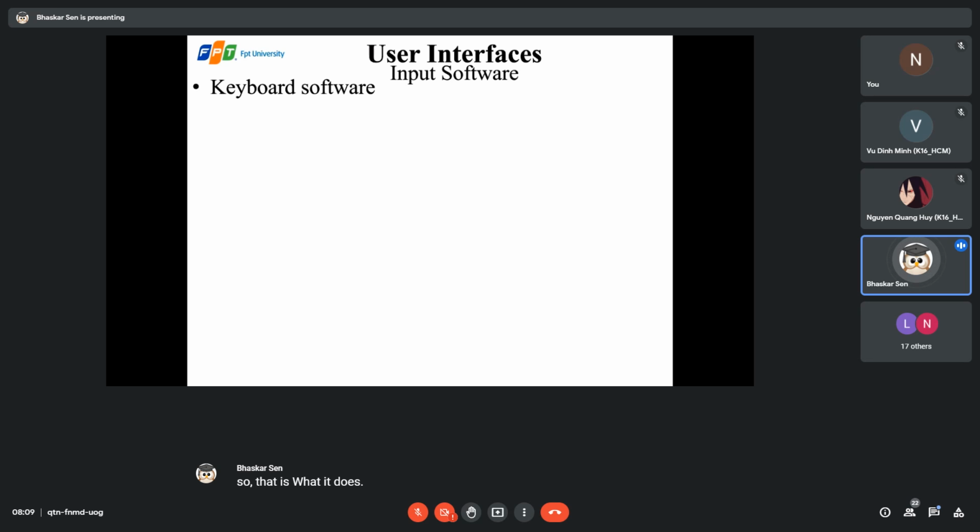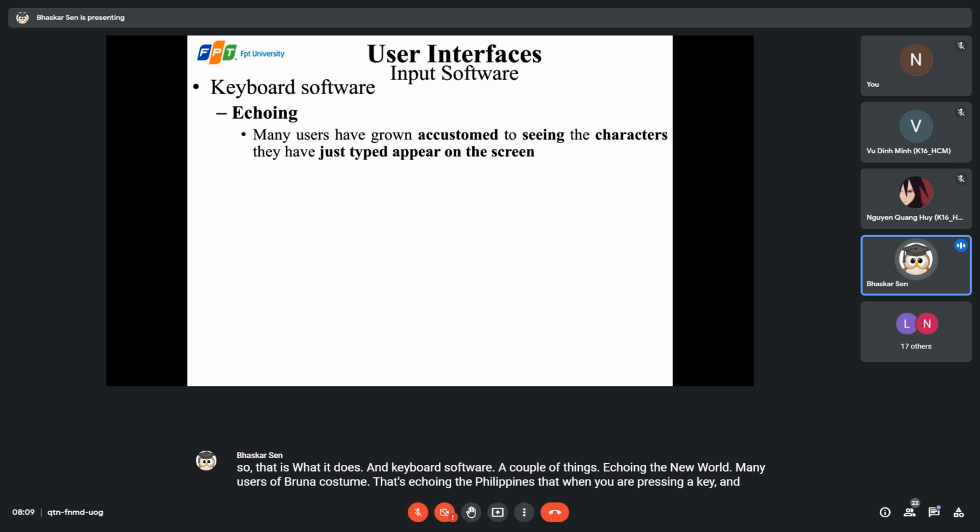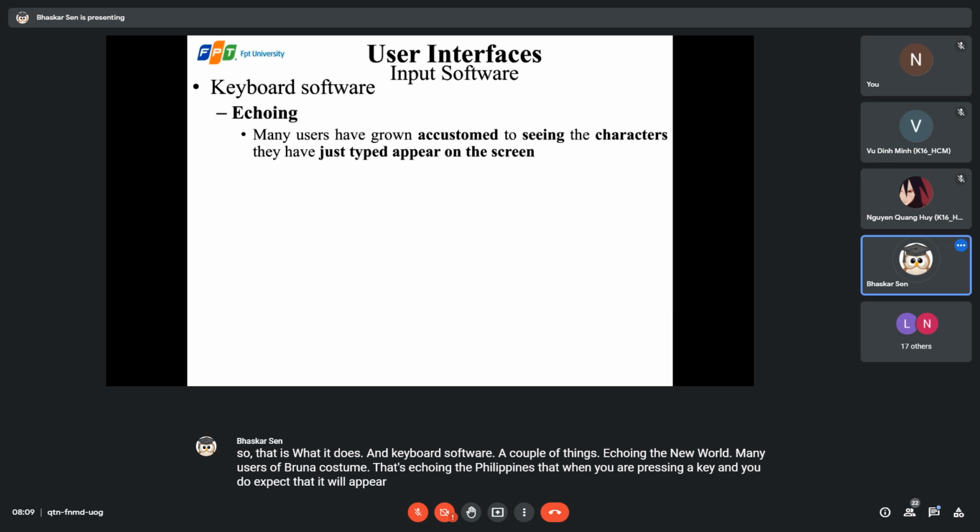In keyboard software, a couple of things, echoing, the new words. Many users are accustomed that echoing literally means that when you press a key, you expect that it will appear at a certain point on your computer screen.